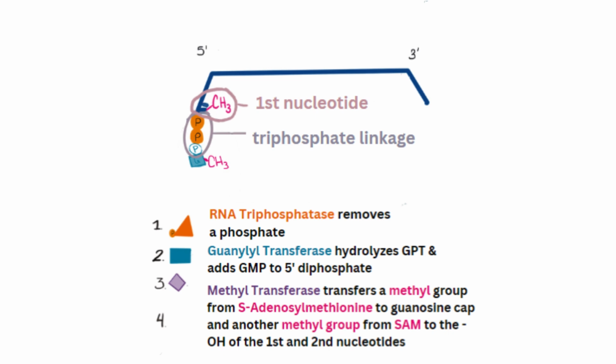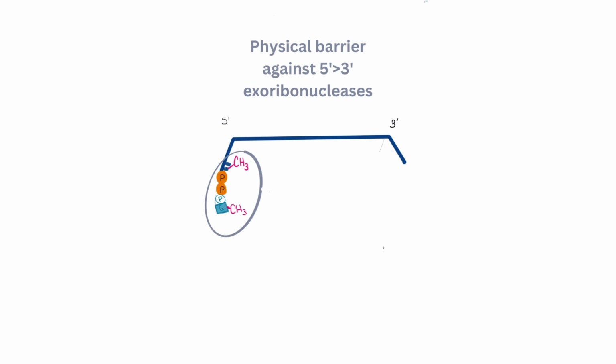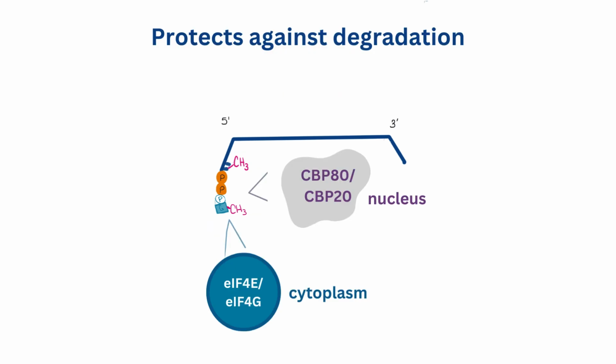The 5' cap acts like a protective armor, resembling the 3' end of RNA, so that provides significant resistance against 5' exonucleases. It also interacts with cap binding complexes CBP80 and CBP20, as well as cap binding complexes EIF4E and EIF4G. These are nuclear and cytoplasmic, respectively.